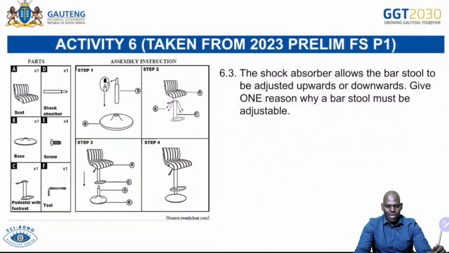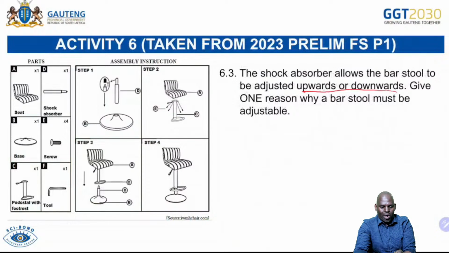Okay, 6.3. The shock absorber allows the bar stool to be adjusted upwards or downwards. Give one reason why a bar stool must be adjustable.